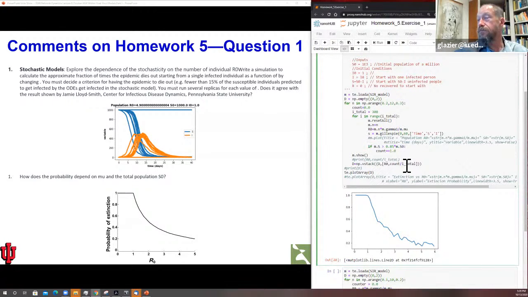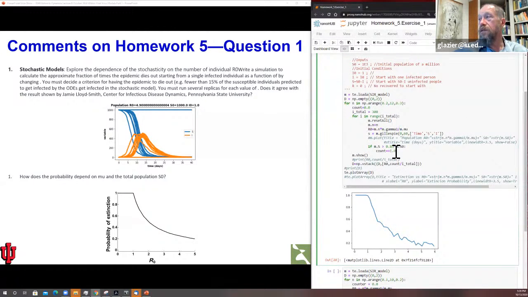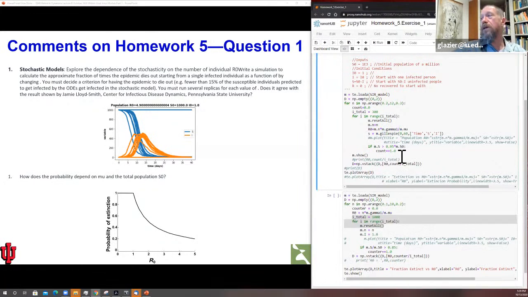We could make it, here we got this smoother curve. What if we made this number 95%? What would happen? That would be changing our tolerance. We expect now that the fraction that we count as extinct will be lower, but how much lower? That would be something interesting to do.